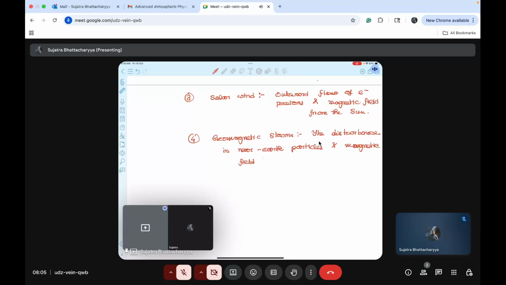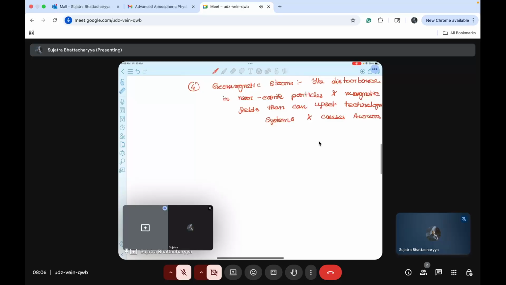Magnetic fields that can upset technology and systems like satellite communication and all those things, and are also responsible for aurora. So the geomagnetic storms.